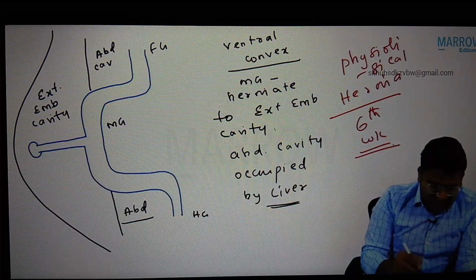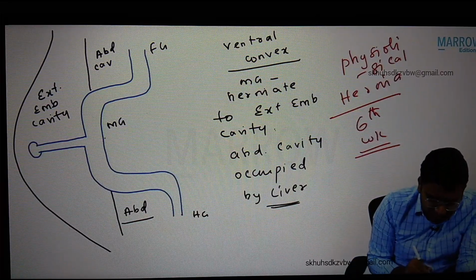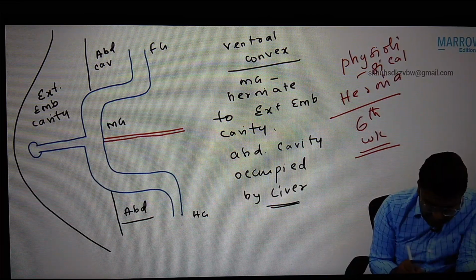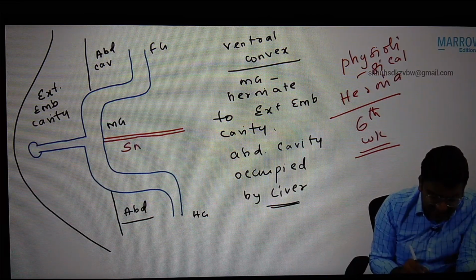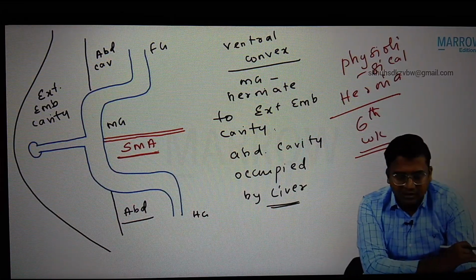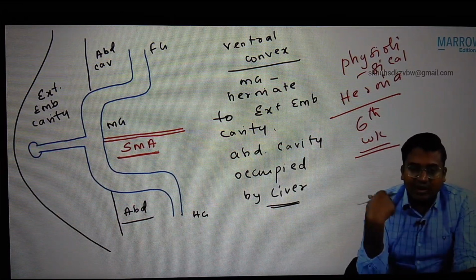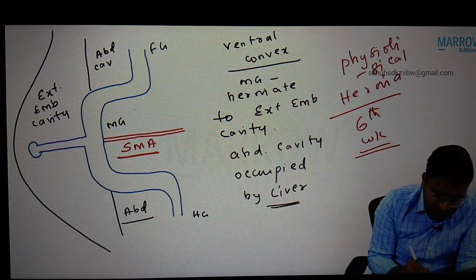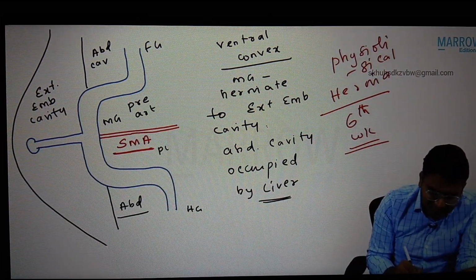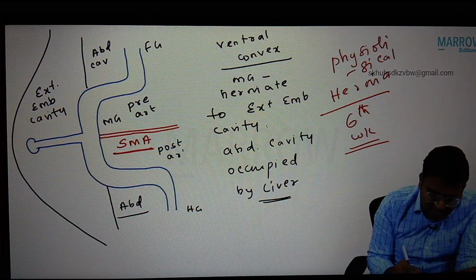Now, what is this? I'm drawing in red color. That is the artery. What artery? The artery of the midgut, the superior mesenteric artery. The superior mesenteric artery divides the midgut loop into two parts: this is the pre-arterial segment and this is the post-arterial segment.